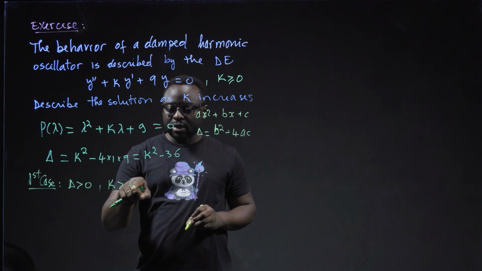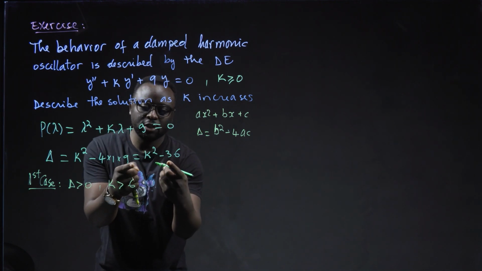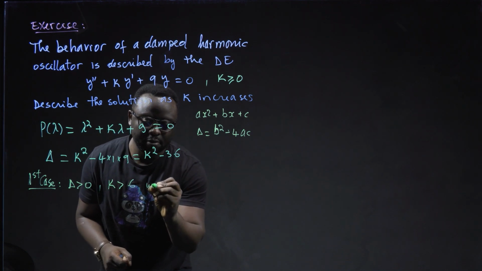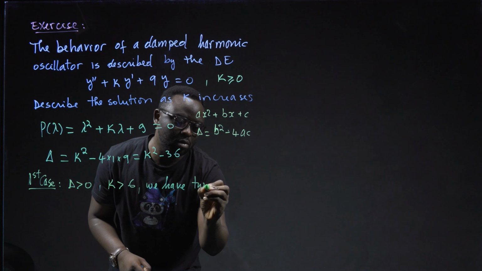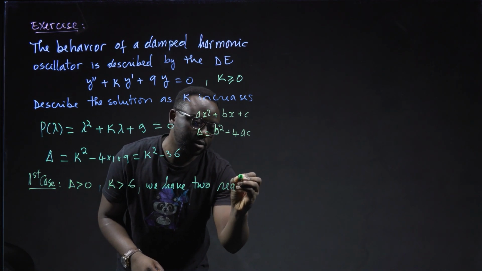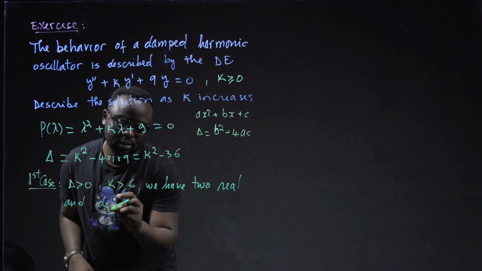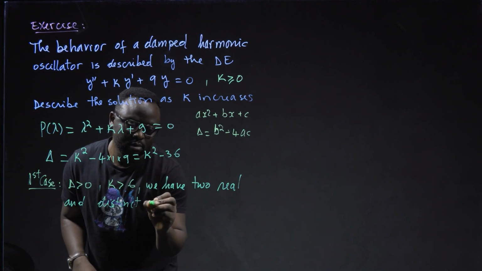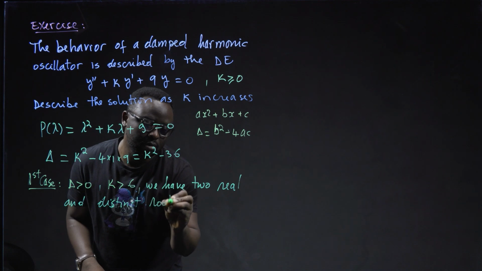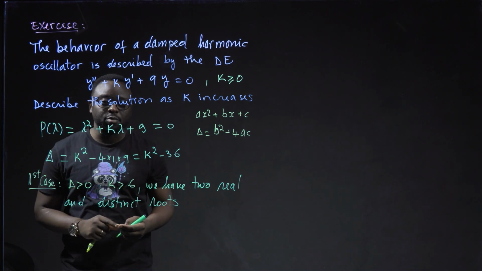If k is greater than 6, then the discriminant is positive, so we have two real and distinct roots because the discriminant is positive.